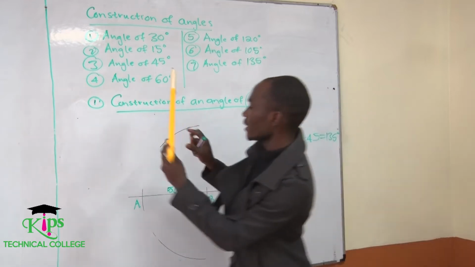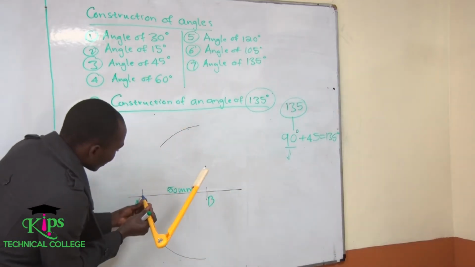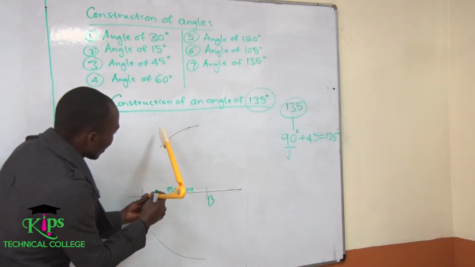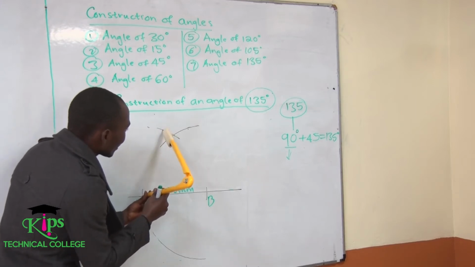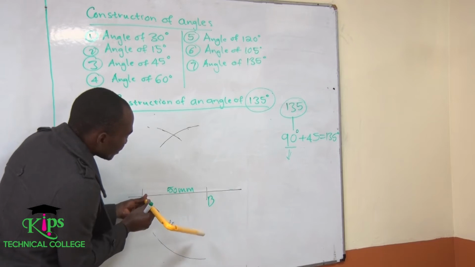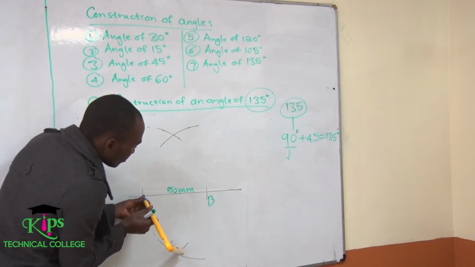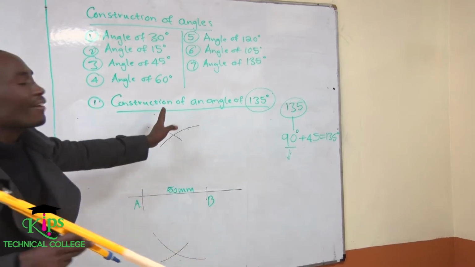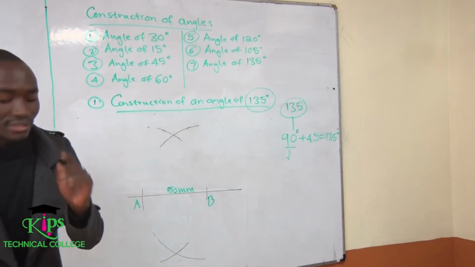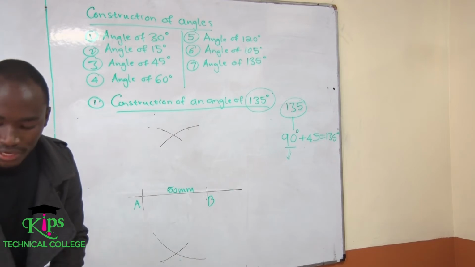Then standing at A, I will make an arc and another arc below here. Wherever those two arcs intersect, I will join them.